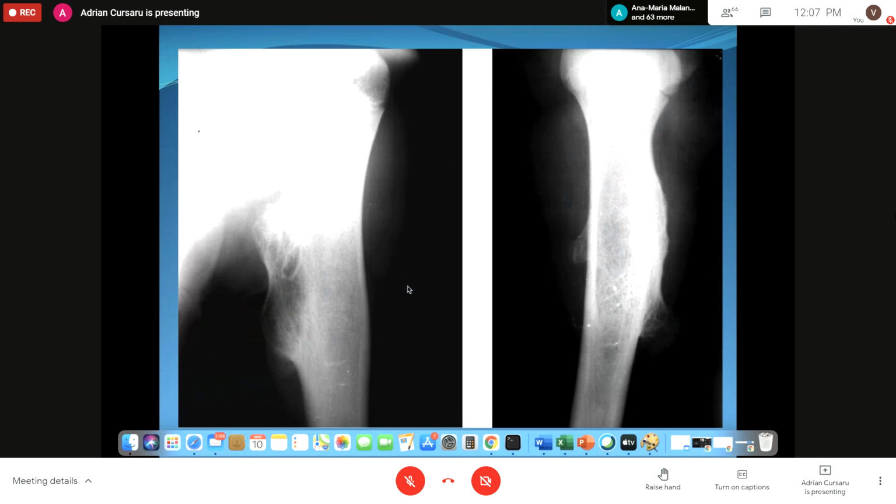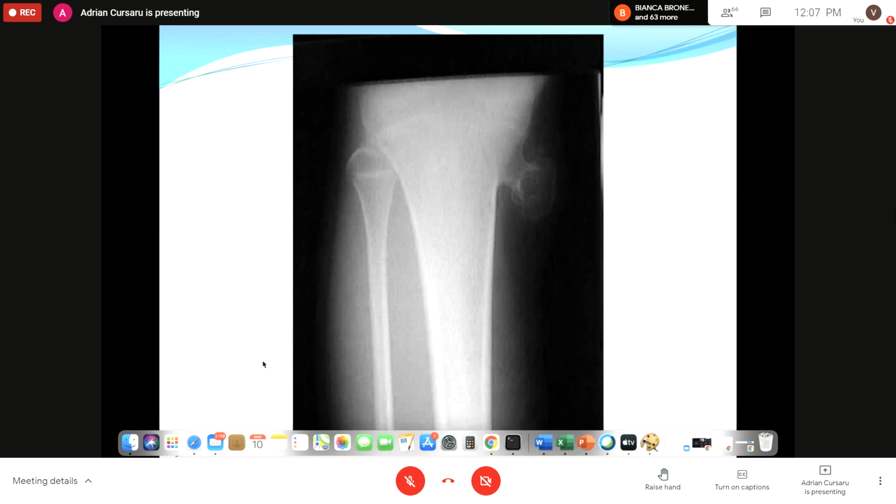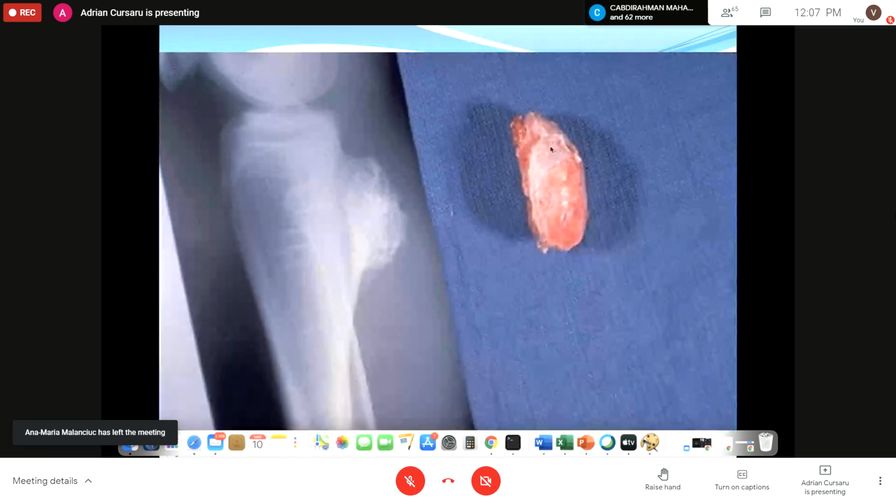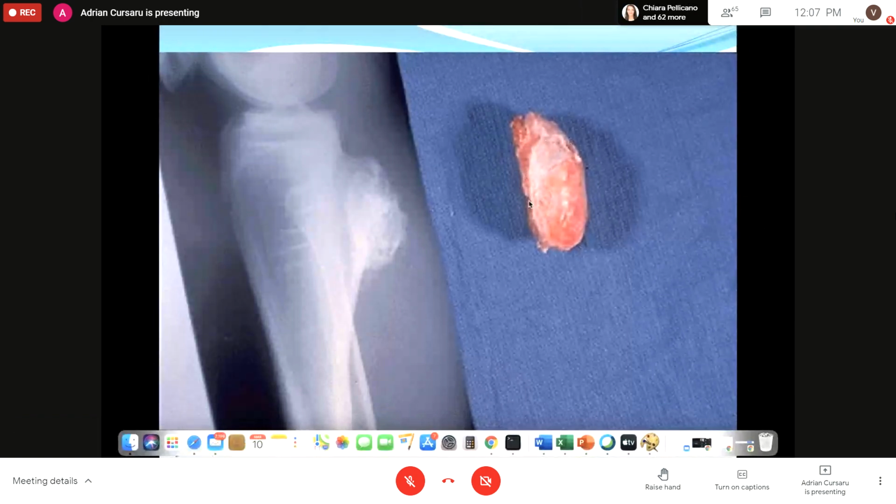Here are some examples of osteochondroma. Here we have an osteochondroma of the proximal femur, at the lesser trochanter. That's another example in the proximal part of the tibia, and that's an intraoperative view of that tumor after we have done the resection.